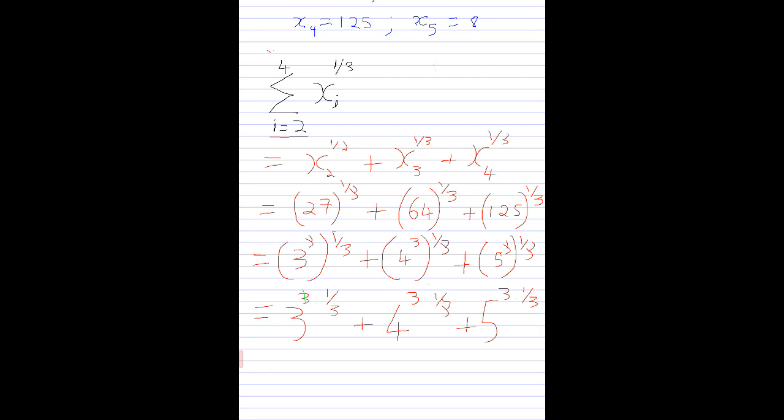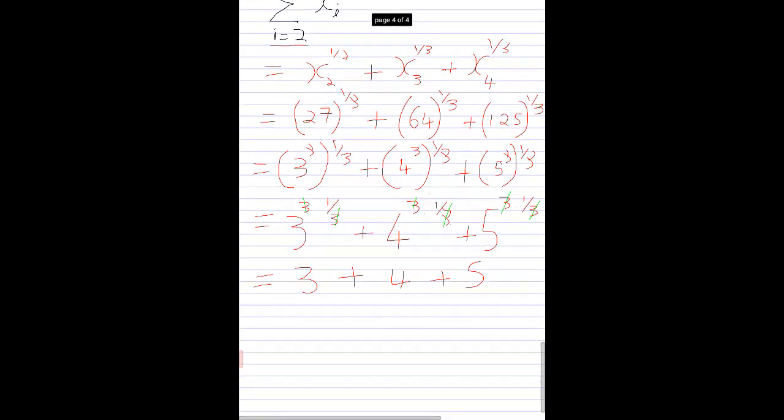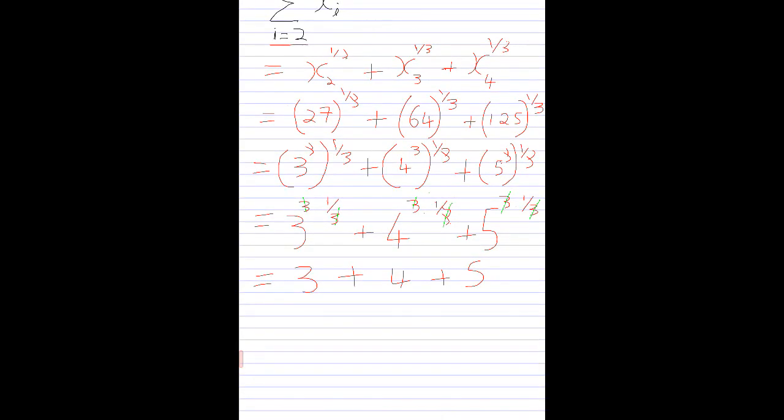The 3 cancels the 3, the 3 cancels the 3, the 3 cancels the 3. So what you're left with is 3 plus 4 plus 5, which of course is 3 plus 4 is 7, 7 plus 5 equals 12. And that is the answer of the summation.